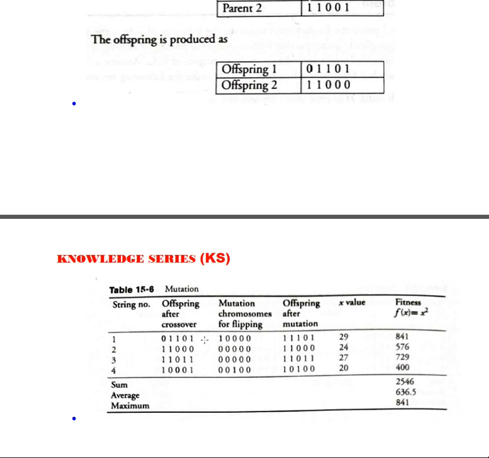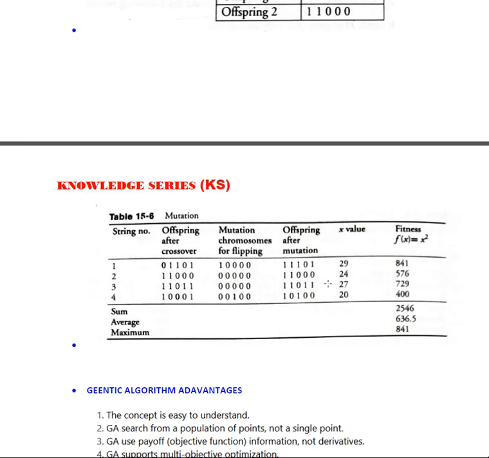So 0 1 1 0 1 0, all this is coming, and we are applying that operation. So here 1 0, here 1, other 0, then 1. That's how we create these new offspring mutations, and further its value is also converted, and from there we see the fitness value.